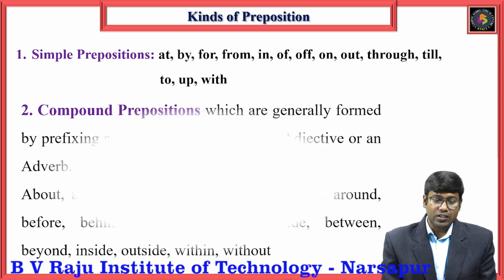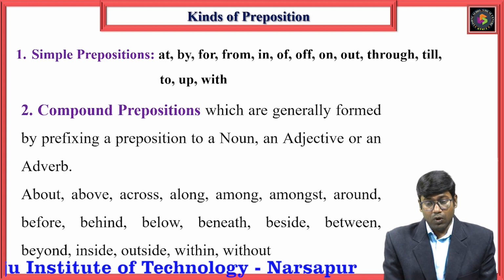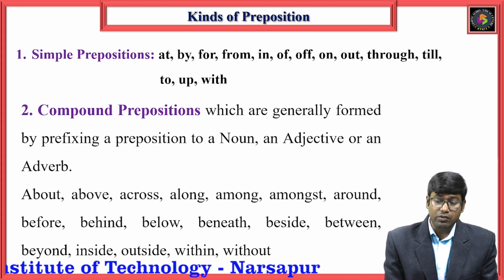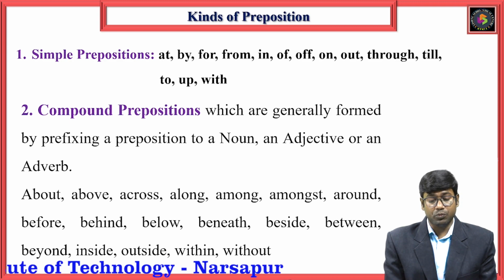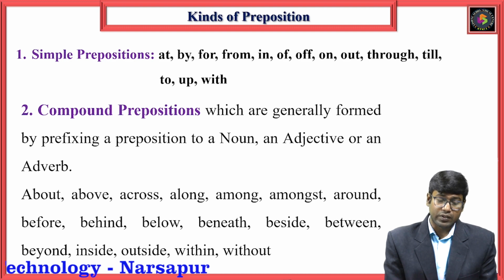Now we'll go to the next, that is the compound prepositions. What are the compound prepositions? They are generally formed by prefixing a preposition to a noun or an adjective or an adverb.